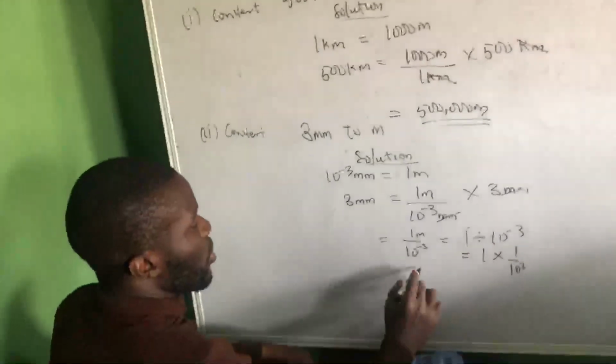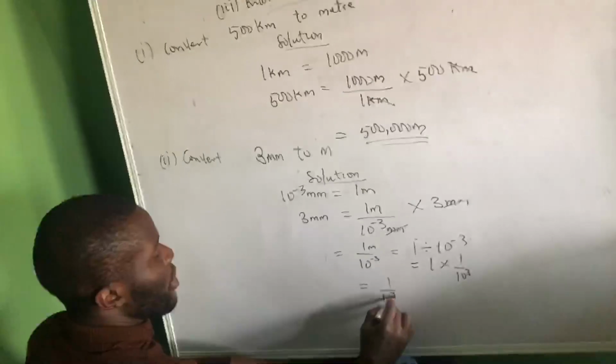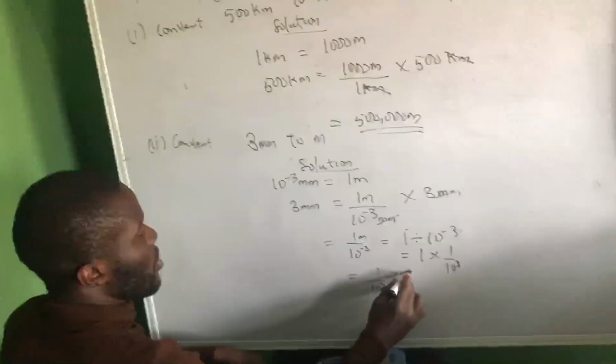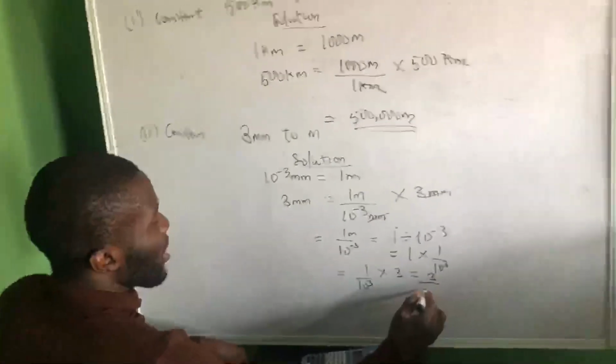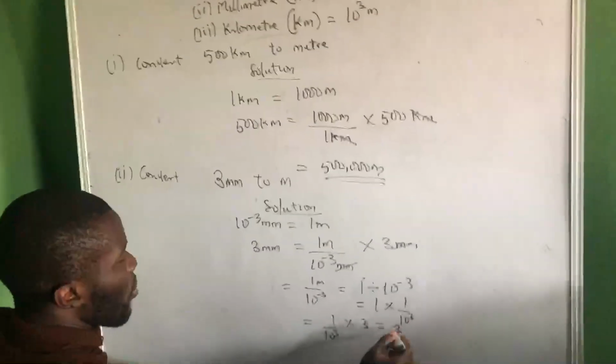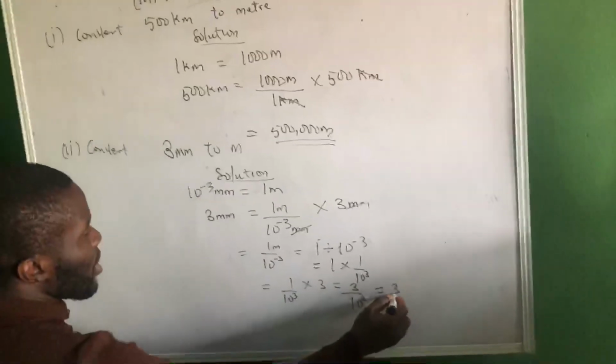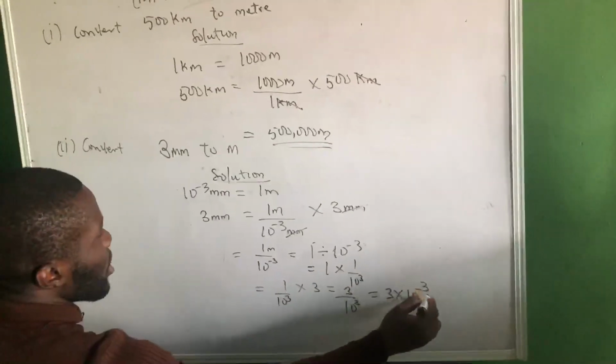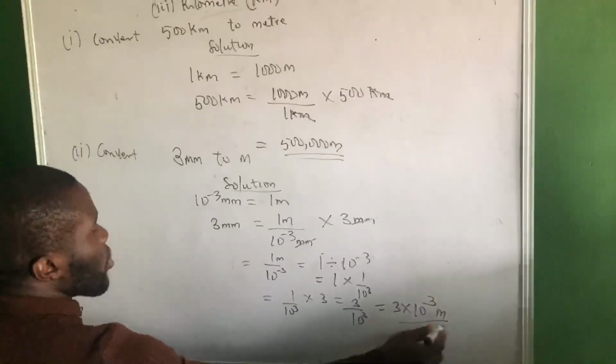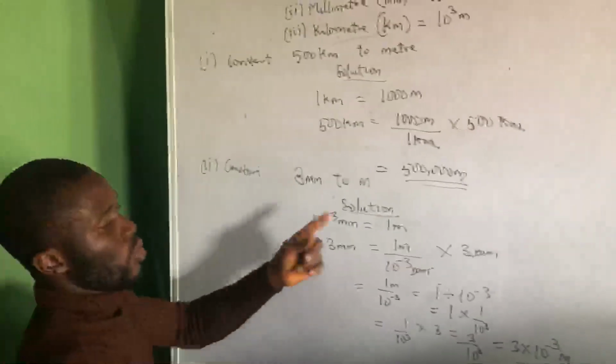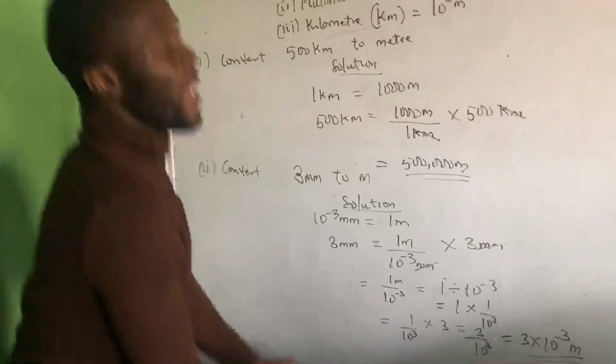Times the 3 we already have, that is 3 times 10 raised to power 3 over... no, working it through, 3 millimeter to meter will be 3 times 10 raised to power minus 3 meter. On and on like that.